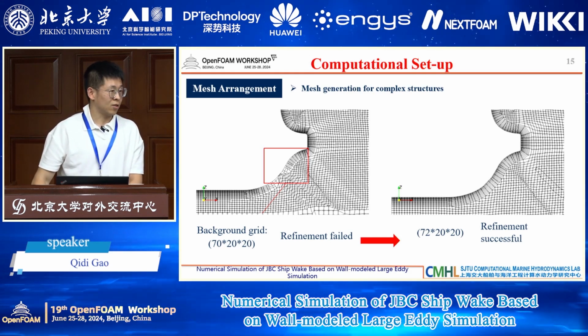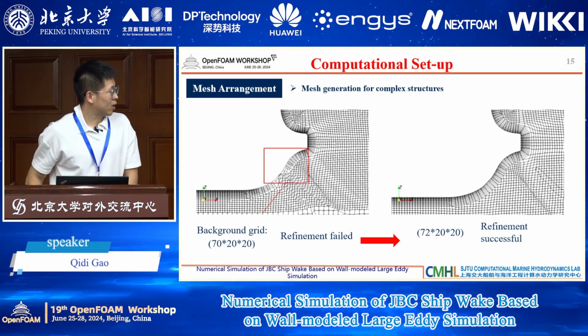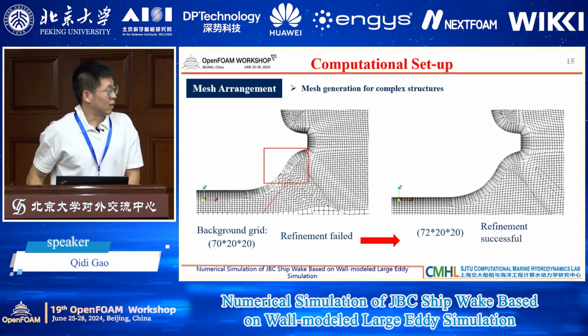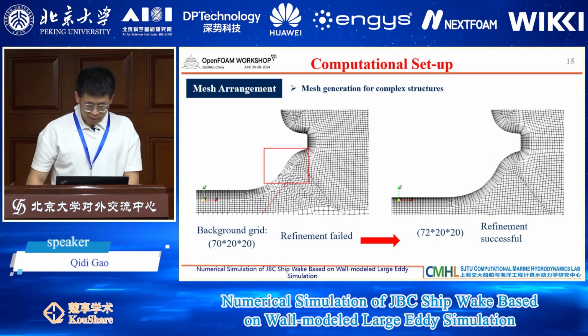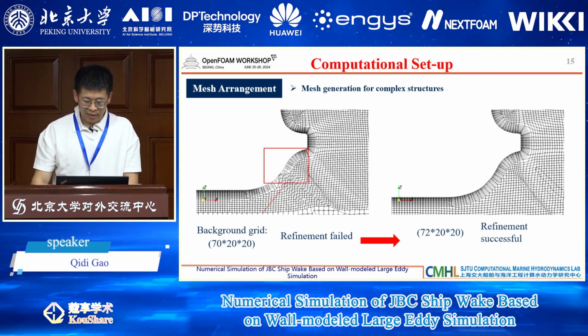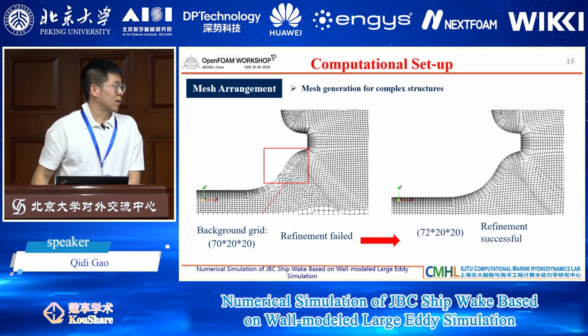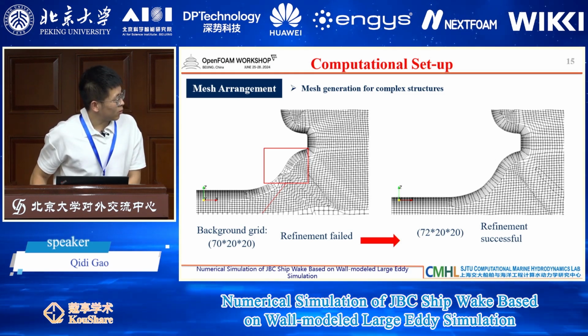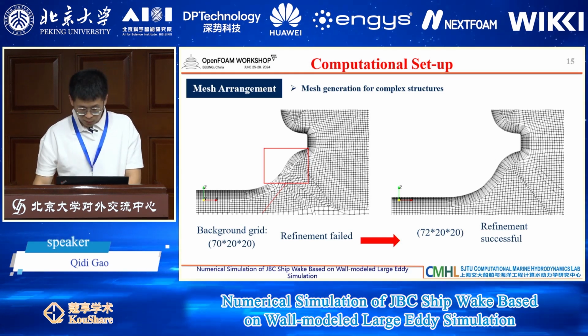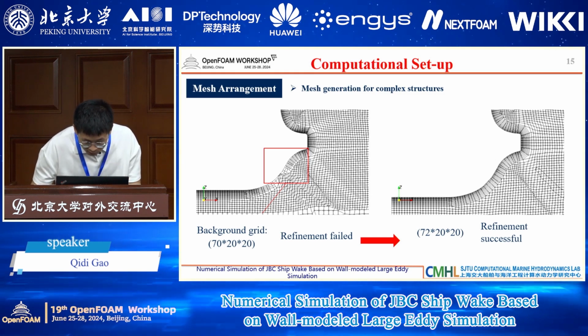So we tried many times to get a good mesh in the near wall region. After many tests, we found another background mesh, 27 by 20 by 20, that gives a good refinement grid in the near wall region.